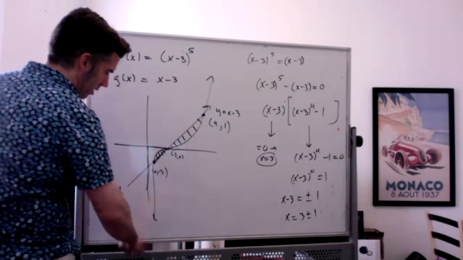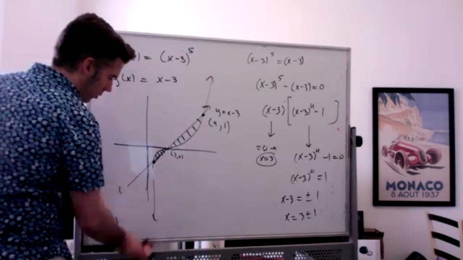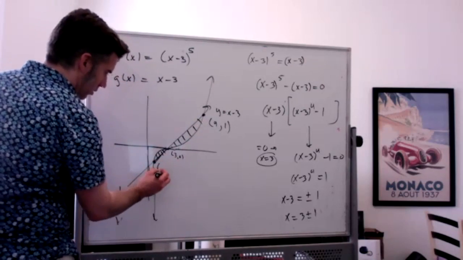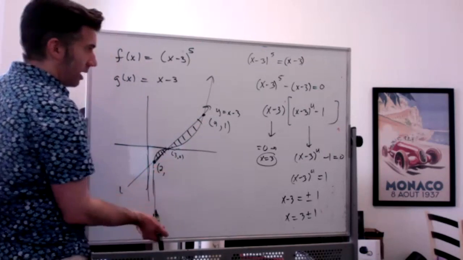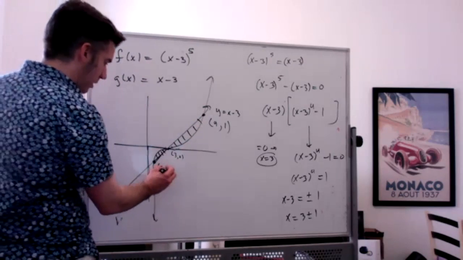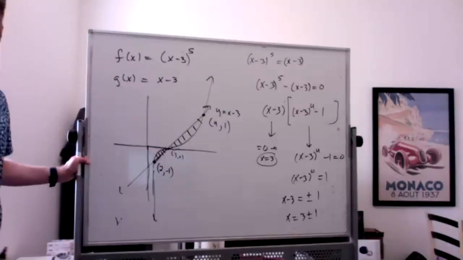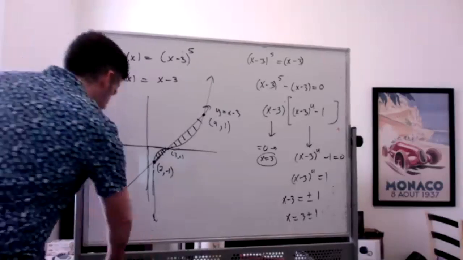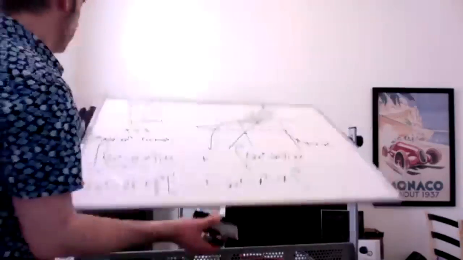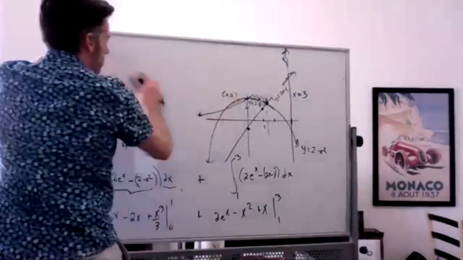So this point here, that would be the point where x is equal to 3 minus 1, which is 2. And if x is 2, y is going to be minus 1. Okay, so that's what the region looks like. And again, my picture maybe not the best. Let me draw it again, just to make it look a little bit nice.